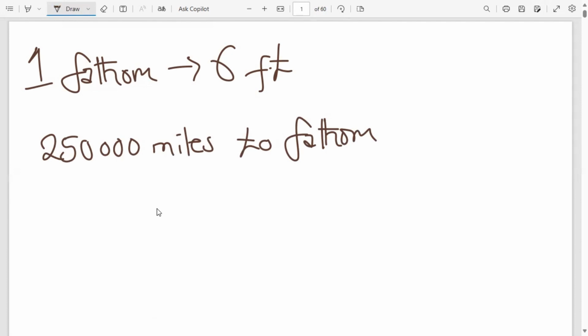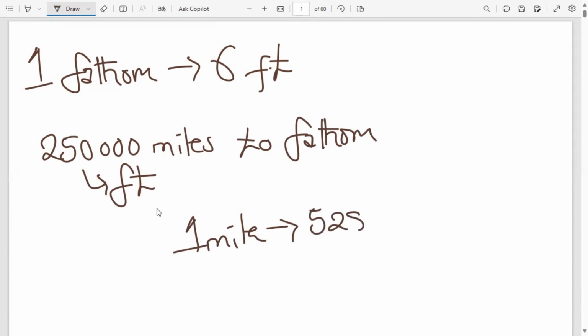We can start by converting these 250,000 miles into feet. We have a conversion factor: 1 mile is equal to 5,280 feet.